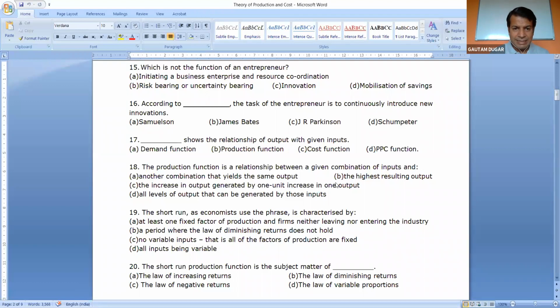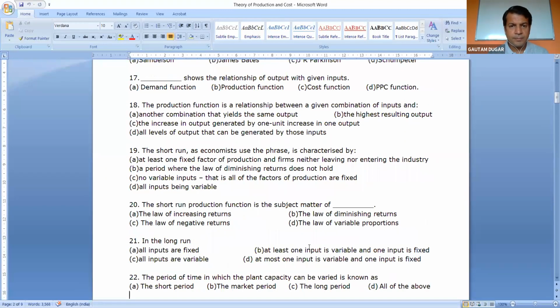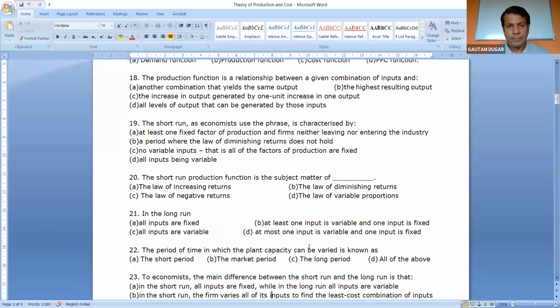Moving down to 19. The short run, as economists use the phrase, is characterized by, what is a short run? All inputs variable is wrong answer. Obviously, A is correct.